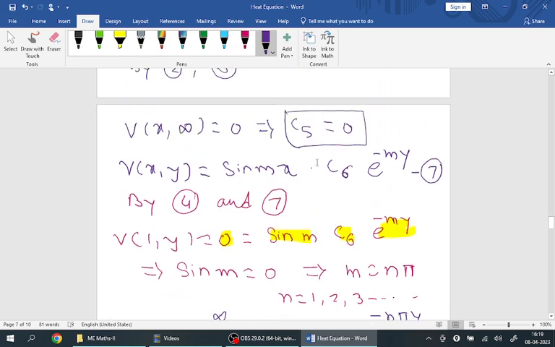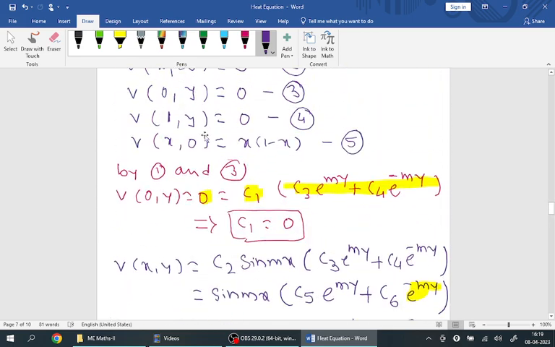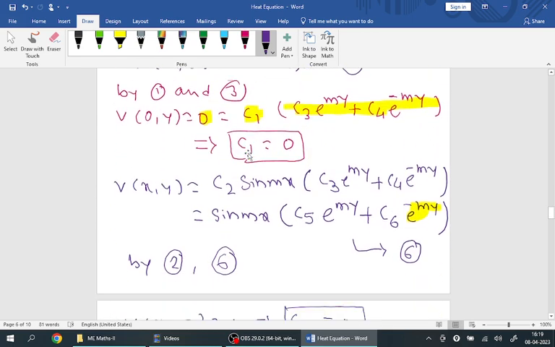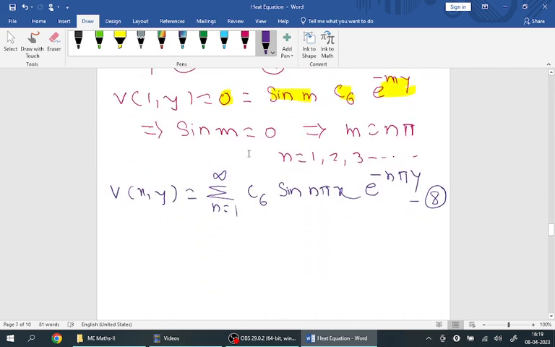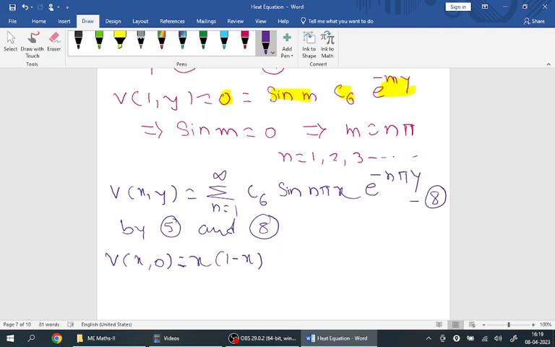But now the last condition is left, which is condition number 5. V of x0 is x into 1 minus x. That is condition 5. So by 5 and 8, v of x0 is x into 1 minus x, which is summation n varies from 1 to infinity, c6 sin n pi x.